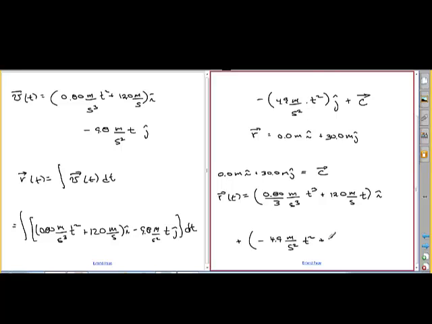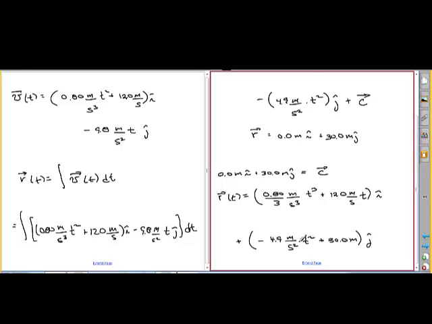So I'm going to put a plus and then a minus there. And then what you have is plus 30.0 meters, the whole thing times j hat. So that's my position vector as a function of time. You can see at t equals 0, you get 30 meters.